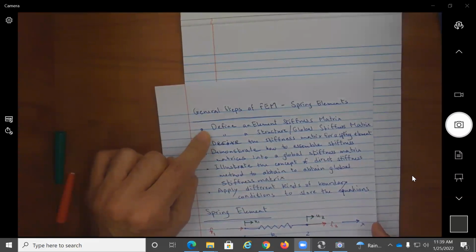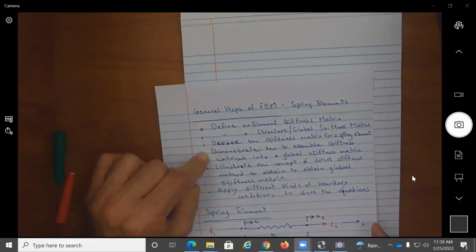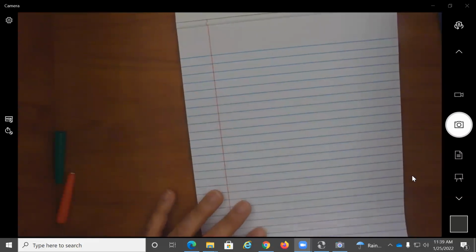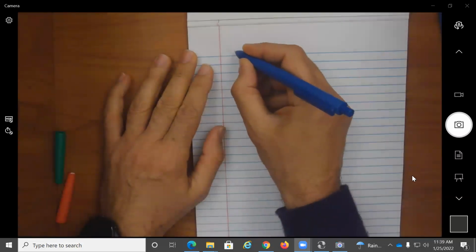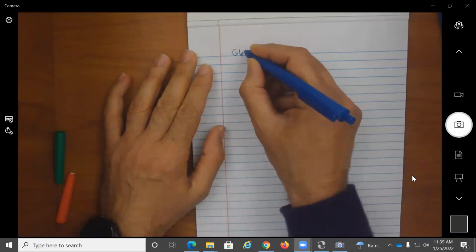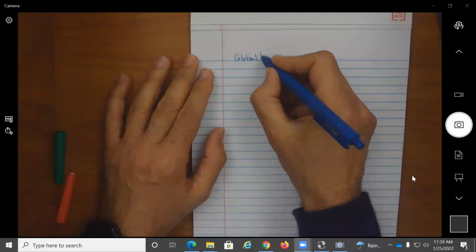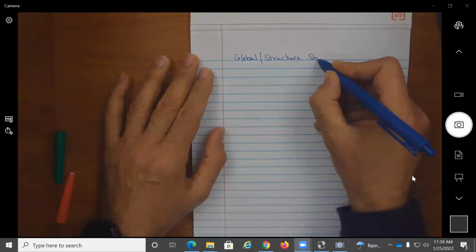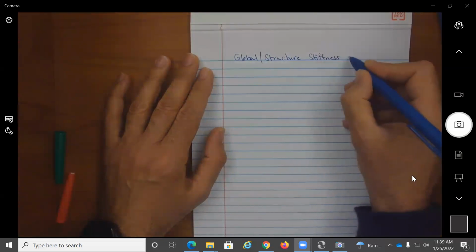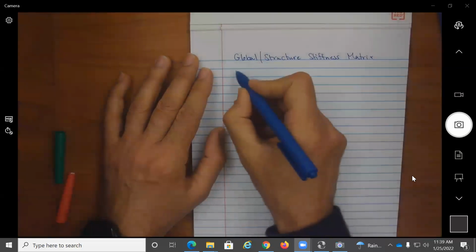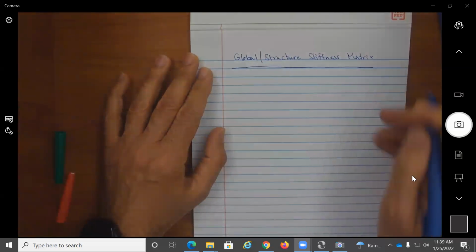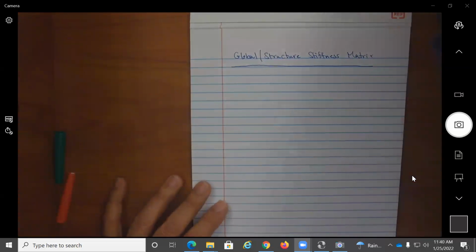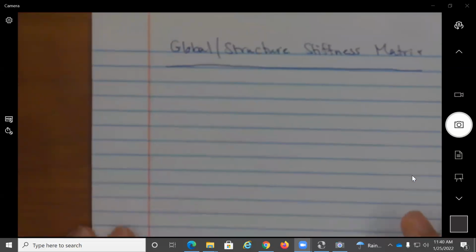I still want to define a structure or global stiffness matrix and demonstrate how to assemble it. Now we understand that there are local directions and global directions.